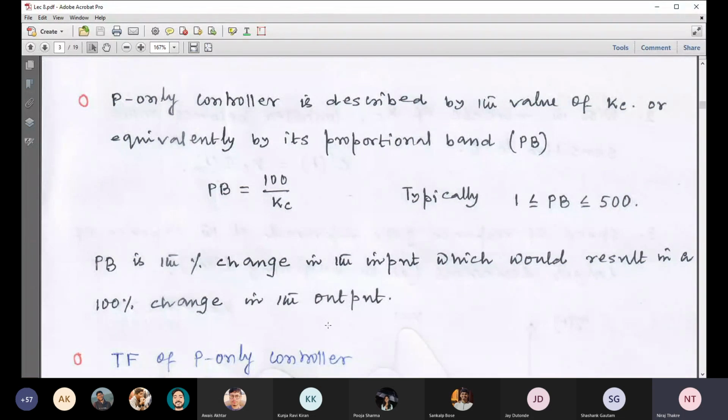Transfer function is the output by input in Laplace domain. So for P-only controller, it is C bar prime divided by epsilon bar in Laplace domain. What is the expression? Anyone?